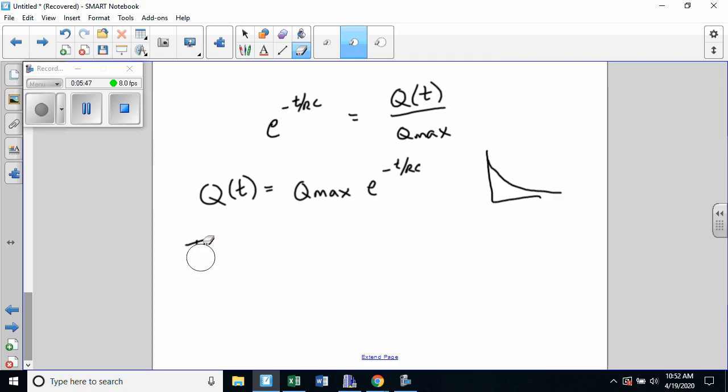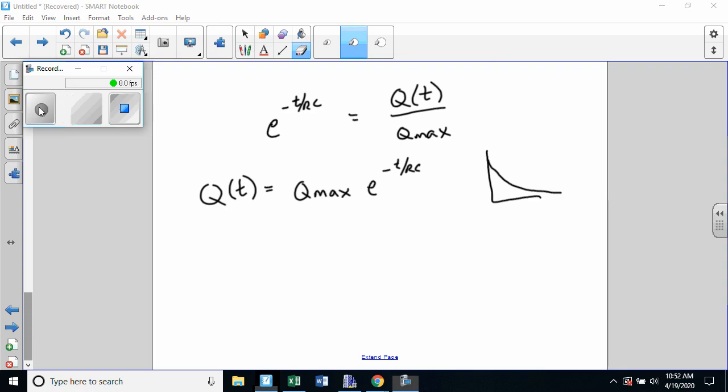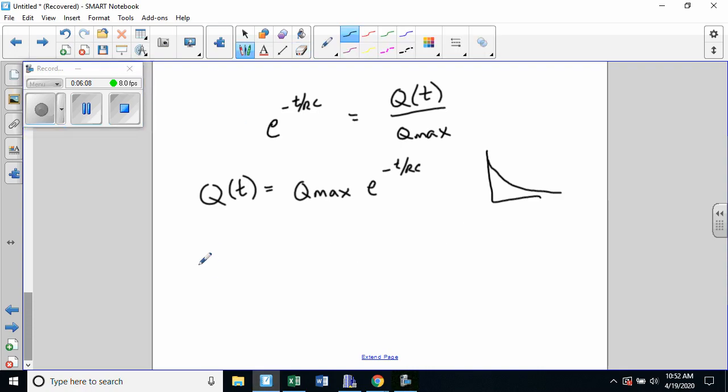Let's do voltage on the capacitor first. Let's go ahead and find the voltage on the capacitor as a function of time.